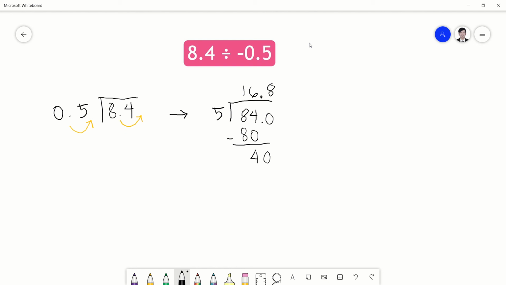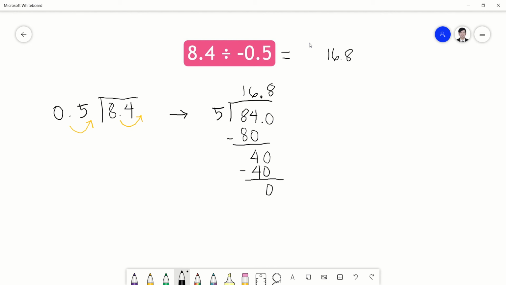Then 8 times 5 is 40. 40 minus 40 is 0. So 8.4 divided by 0.5 is 16.8. Now we have to deal with the signs.